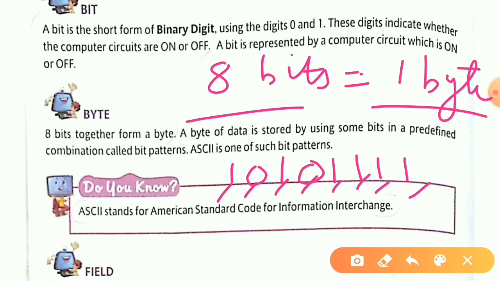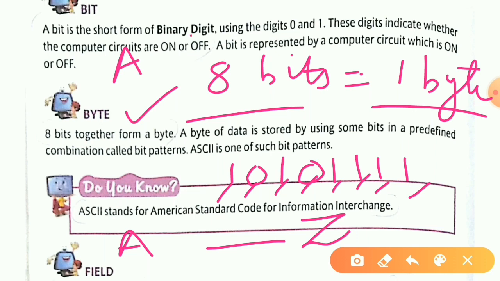Now these patterns are combined together, and they form a single byte. Likewise, in the alphabet you have A to Z alphabetical characters. So basically a byte means a single character of your English alphabet. Likewise, a single A means a single byte.